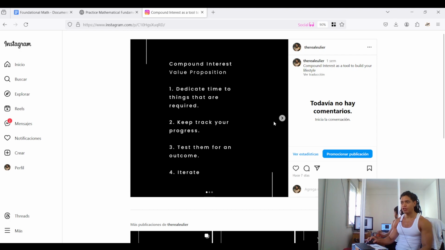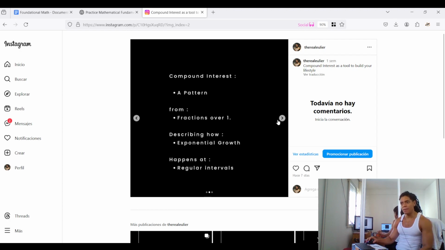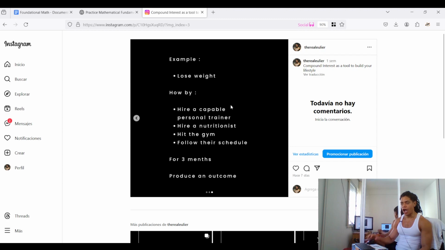So the whole point of looking at this compound interest is how you can apply it to an outcome. For example, if you're going to lose weight, how you can use this abstract pattern in your life.